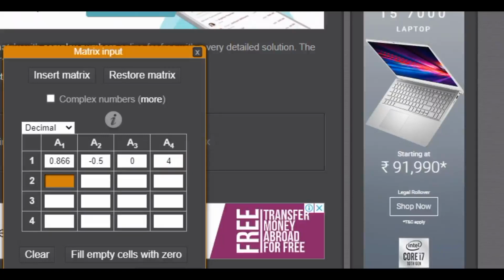This value is 0.5, this value is 0.866, it is 0, and it is 3.